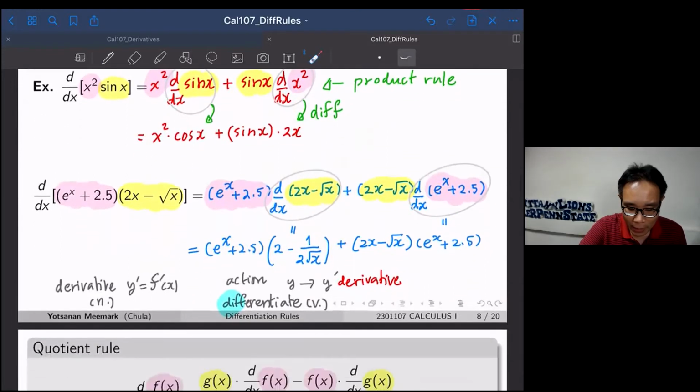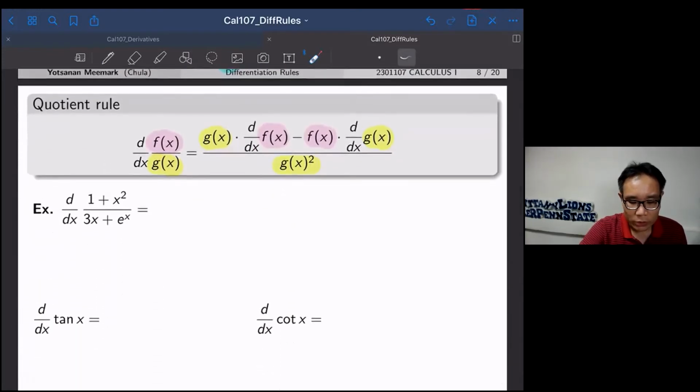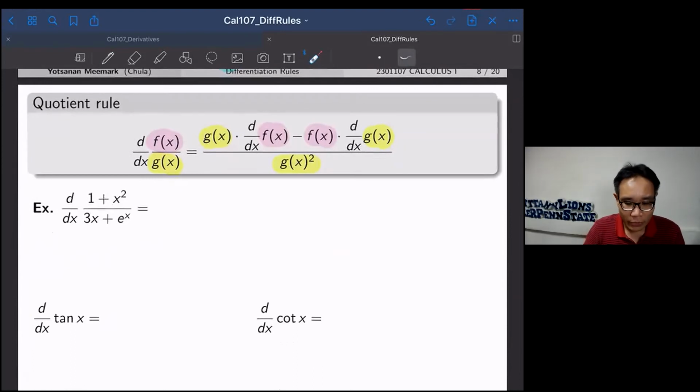Okay. So like the quotient rule, it's going to be the same trick. So you're going to have the derivative of the quotient between two functions. It's going to become the bottom times the derivative of the top, minus the top times the derivative of the bottom, over the bottom square.